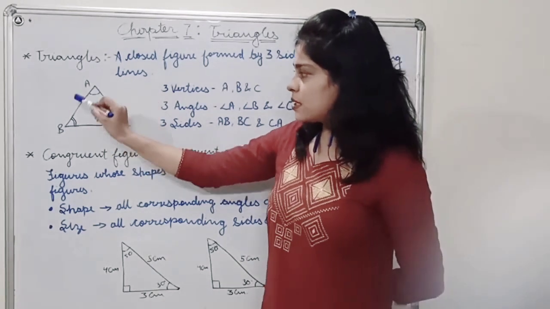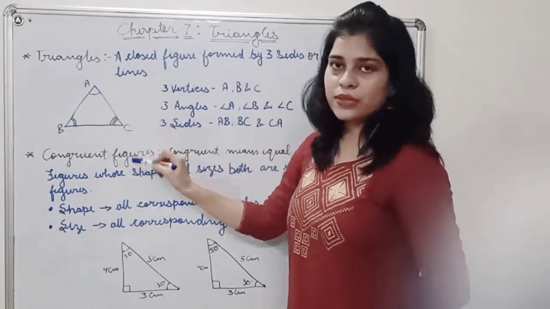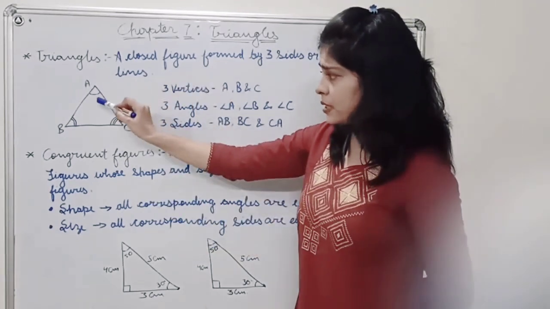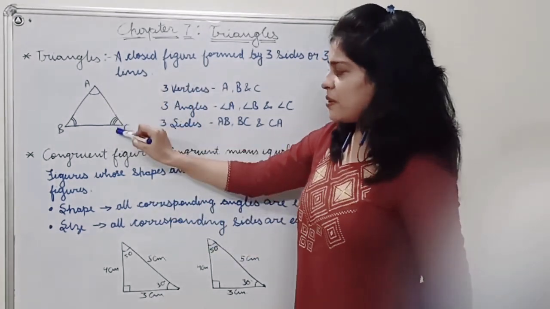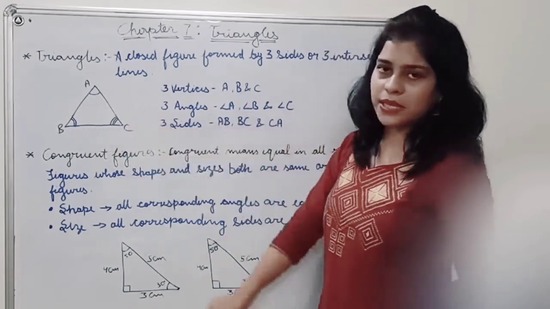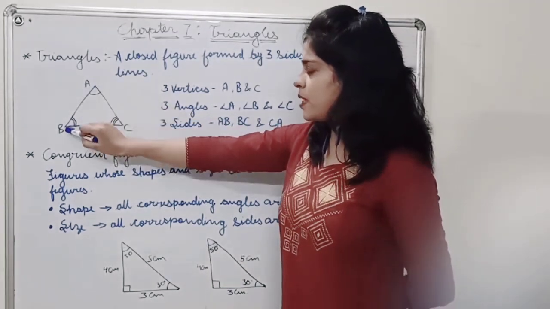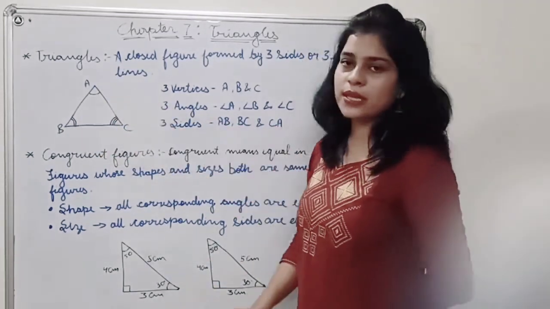Let us consider there is a closed figure ABC and clearly it is a triangle. We can see that this closed figure ABC has three angles, angle A, angle B and angle C, and three sides, AB, BC and CA.